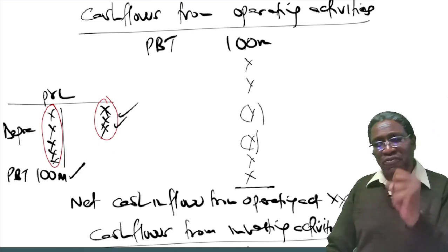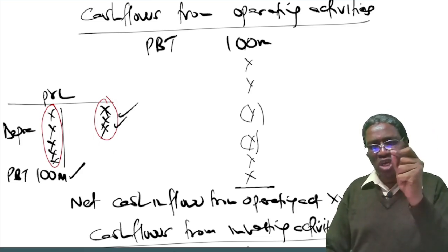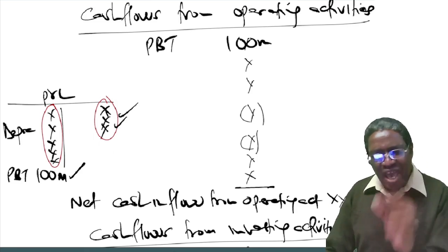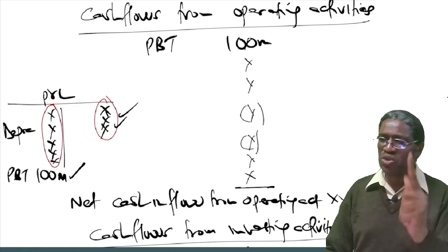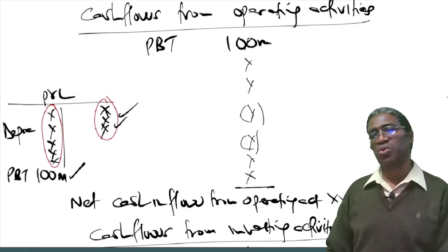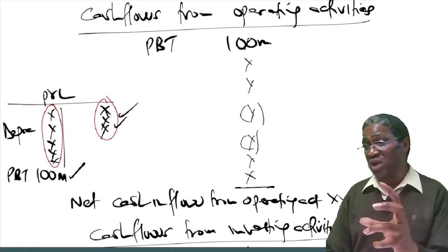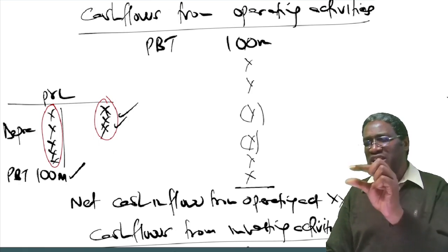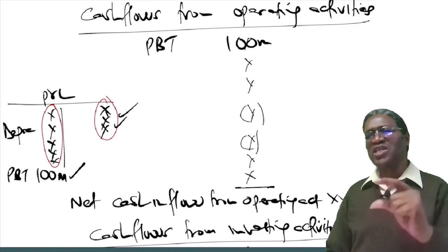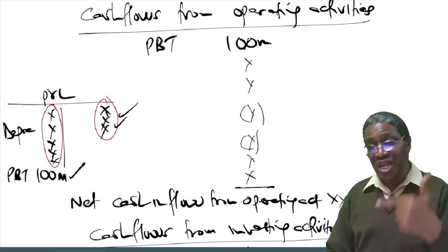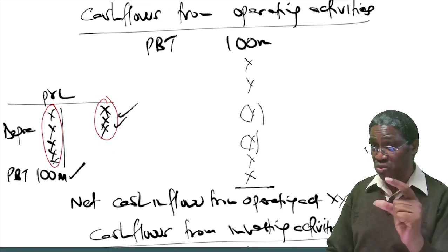But we are looking for the true profit if everything was by cash. If everything in the P&L account was by cash, what would have been the true profit? So we will argue by saying, suppose the depreciation charge was not in the income statement. Would my profit have been more than 100 million or less than 100 million? That's what we want to do.